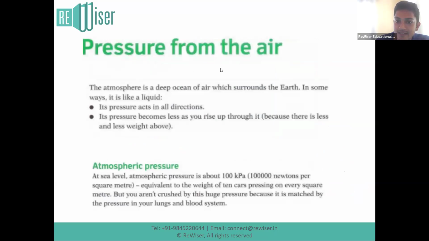Now, as discussed, pressure applied by air does act in all directions, and atmospheric pressure at sea level is considered a constant value.